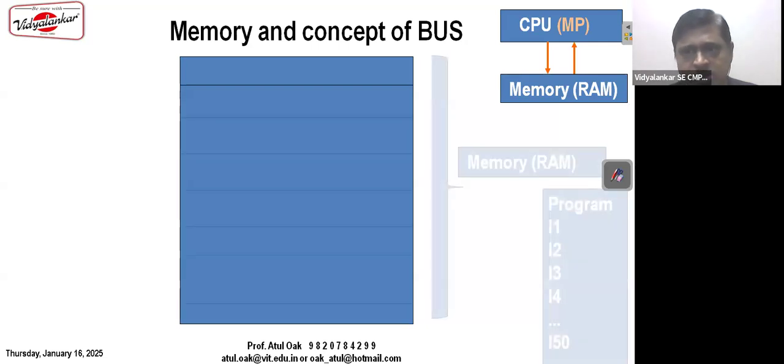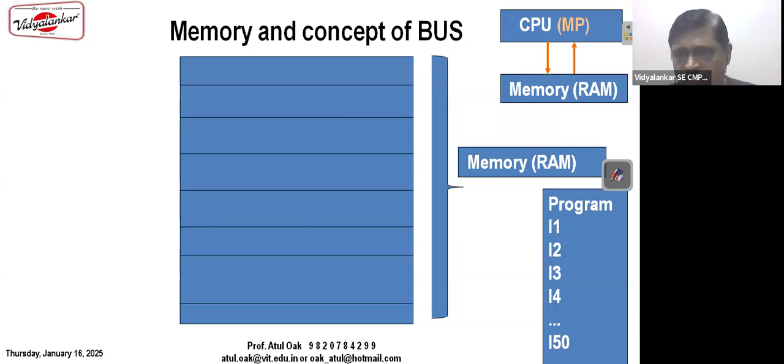Let us take a small program, which you will find on the other side. You can see there is a program, I1, I2, I3. These are all instructions in the program. We are not worrying whether it's a C program, Java program, or Python program. It's a program having 50 instructions.